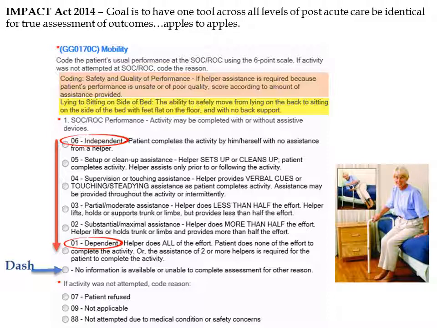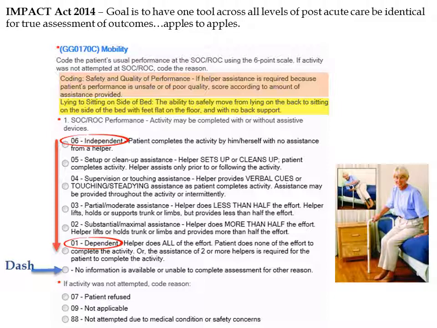And so for home health, we are just starting with this one question incorporated into the OASIS, GG0170C mobility, and it's bed mobility is all that it's assessing at this time.